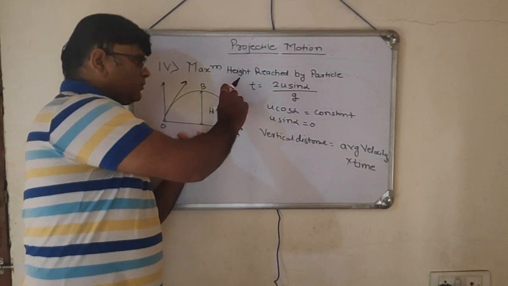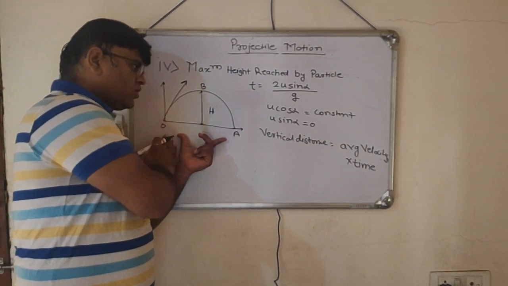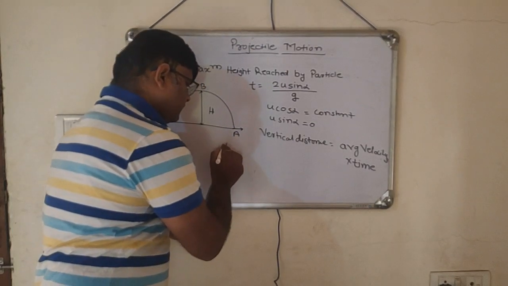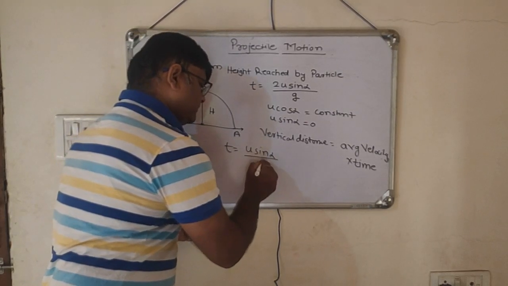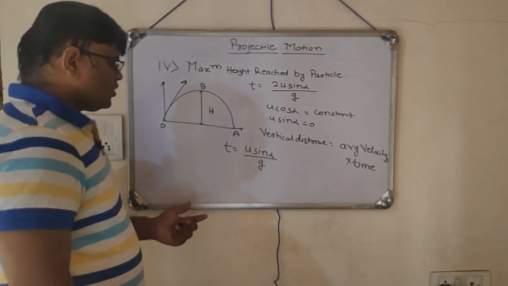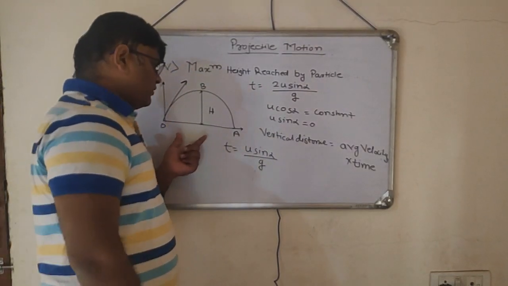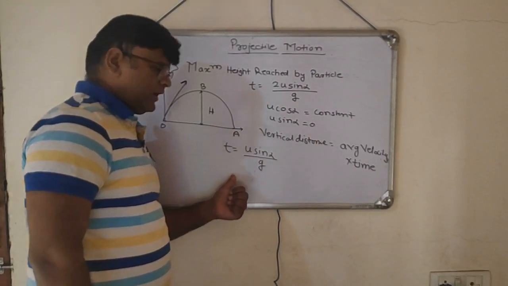So the time to reach from initial position to the maximum height will be equal to u sin alpha by g. Okay, so time t required to reach the maximum height will be u sin alpha by g, that is half of the total time of the flight.